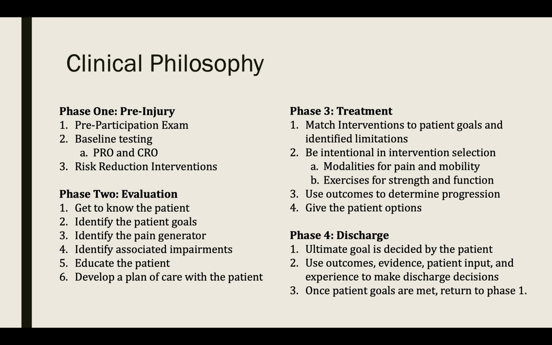And so that's where you can really break down your evaluation into those. But the biggest goal of evaluation is understanding who the patient is, understanding what the patient's goals are, because they may be different than your own goals, and then working to identify pain, identify impairments, and then develop a plan with the patient, educating them along the way to treat those issues.